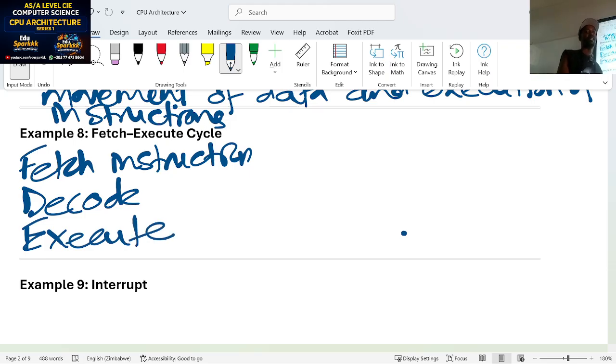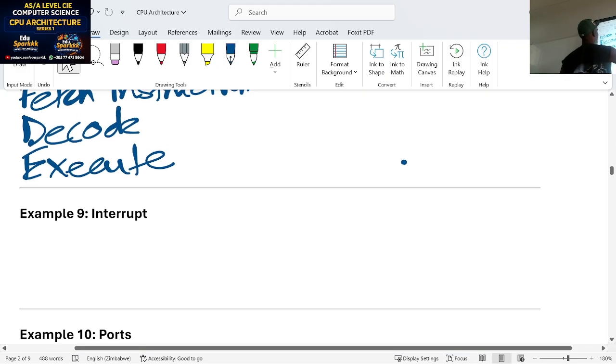Then next are the interrupts. Well, a good example is a keyboard press that generates an interrupt.